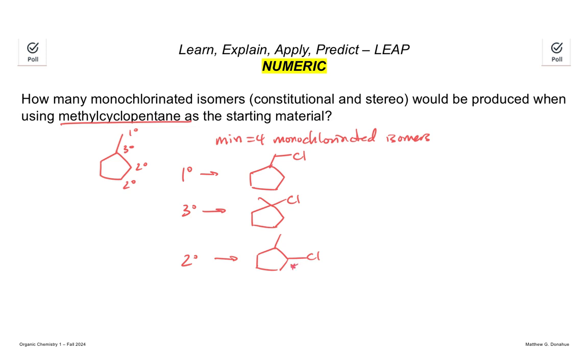But now that other carbon bearing the methyl group becomes a stereocenter. And we said for every n stereocenters, there's 2 to the n stereoisomers. So total right now we're up to 6.